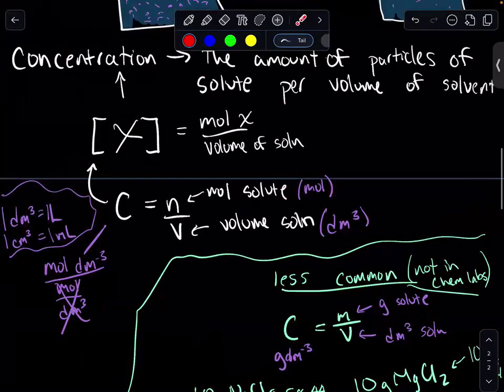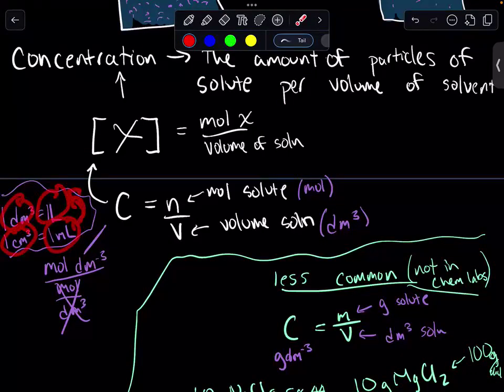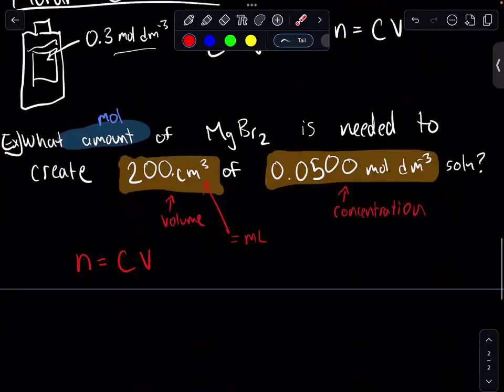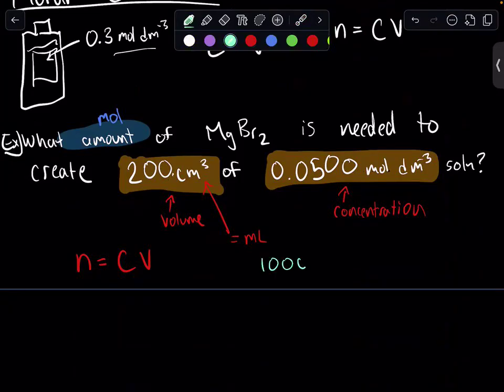We have learned that 1 centimeter cubed is 1 milliliter, and 1 decimeter cubed is 1 liter. And I know that to go from a milliliter to a liter, it's 1,000. So 1,000 centimeters cubed is equal to 1 decimeter cubed, because 1,000 milliliters is equal to 1 liter.